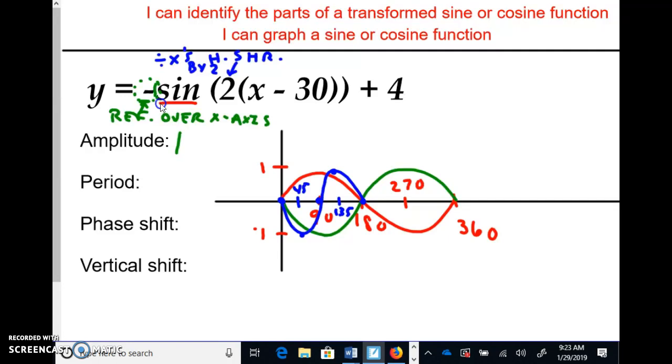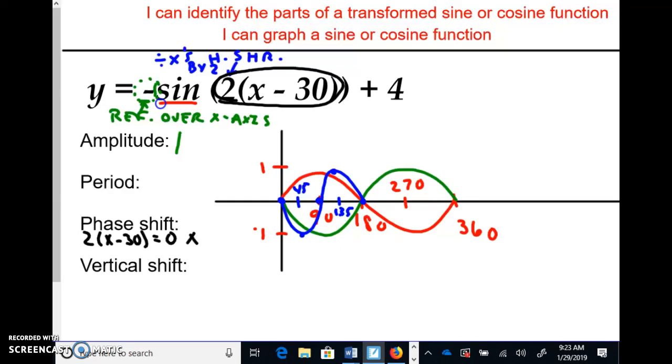To find your phase shift again, this is what we talked about with the last example. Take what's inside your grouping symbol, 2 times x minus 30, set that equal to 0, and solve for x.